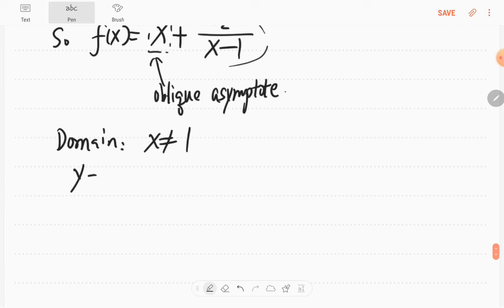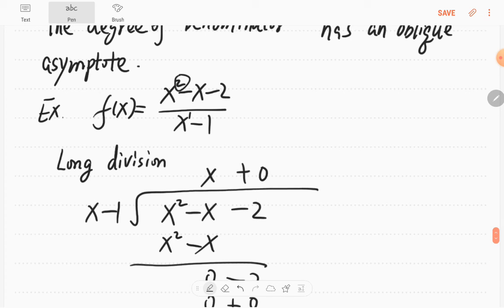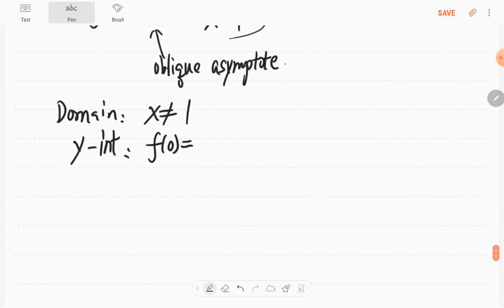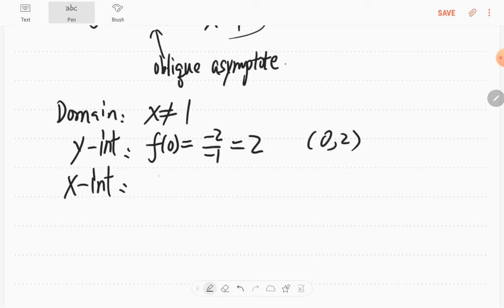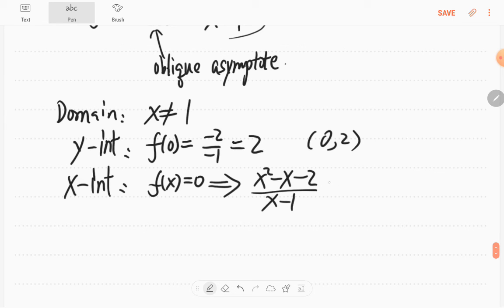Y-intercept: x equals 0, so f of 0, plug in 0. It's negative 2 over negative 1, which is 2. So the y-intercept is 0, 2. X-intercept: set f of x equals 0. So x squared minus x minus 2 over x minus 1 equals 0.